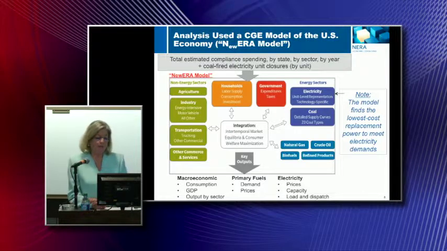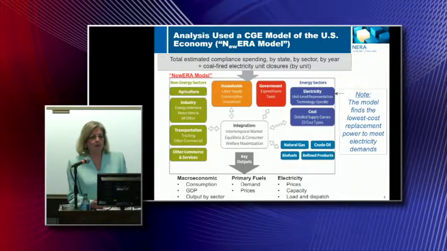Now, our model has a full unit-level representation of the entire U.S. electricity generating sector in its individual markets, Texas being one of those markets. And our model actually endogenously determines, when we say those emissions have to come down, what will be the least cost replacement for those sources of electricity.